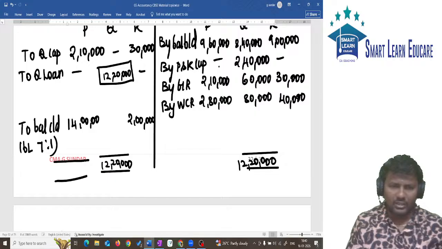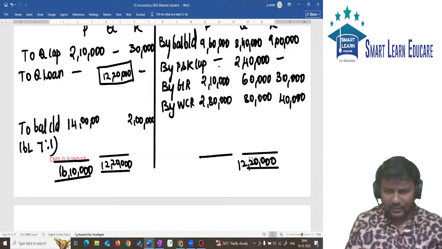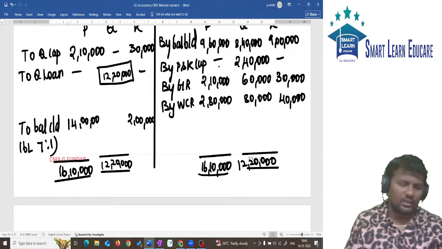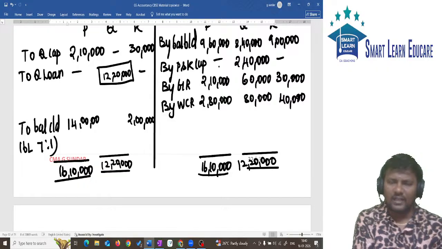Now tell me what is your debit side total for P. It is 14 lakh plus 2,10,000, which is 16 lakh and 10,000. So 16 lakh 10,000 is the debit side total, whereas your credit side total is less.